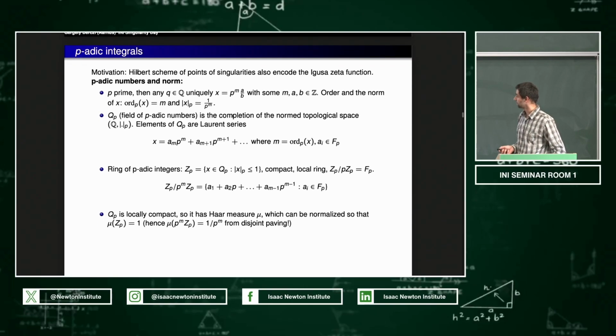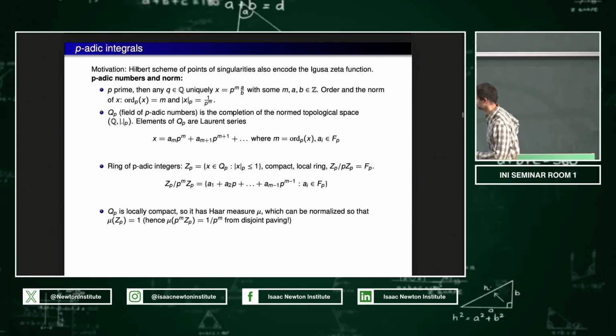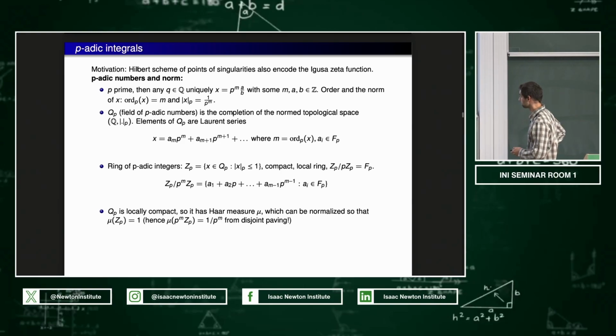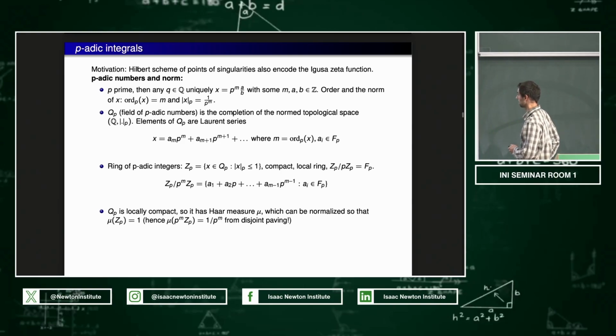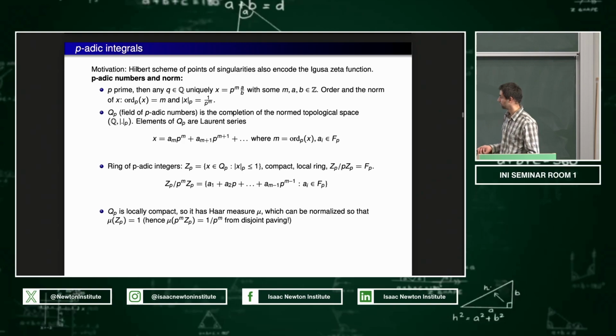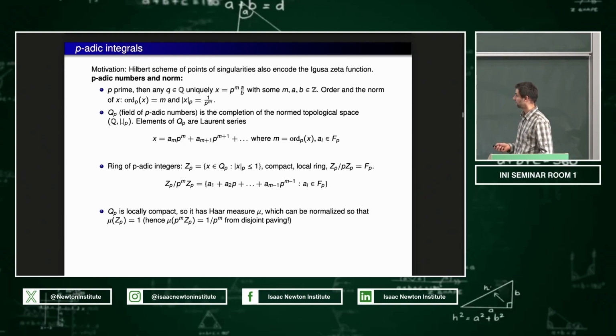So the point here is that we can then define a measure on Qp, and we can normalize that the measure of the p-adic integers is 1. That's actually nice, because if this is really a measure, then it's additive, so you can use this as the basis of motivic or p-adic integration. We can easily find nice measurable subsets just by using pavings.